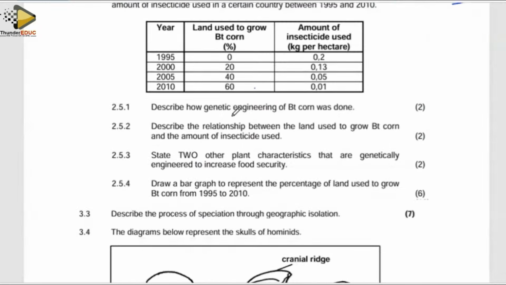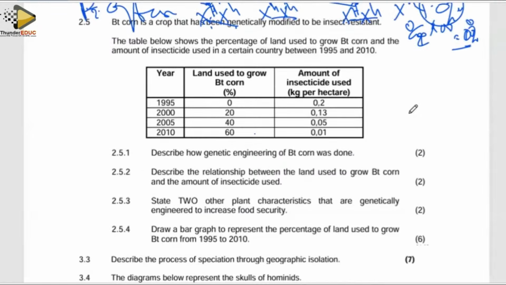Okay. Basically, this is an investigative question. Describe how genetic engineering of BT corn was done. What did they do? Basically, the gene for insect resistance is isolated from another species and then inserted into the DNA of the corn, where it is then expressed.